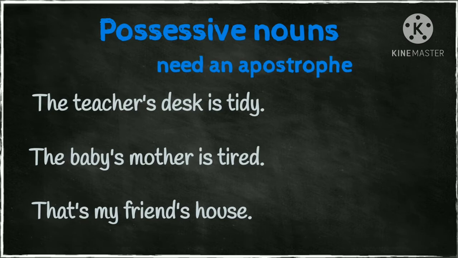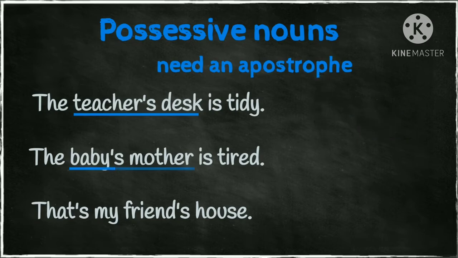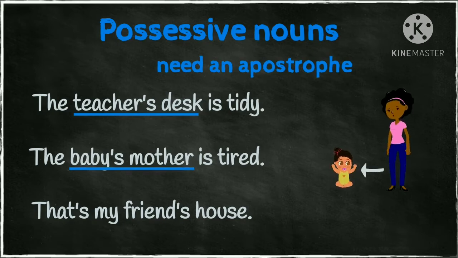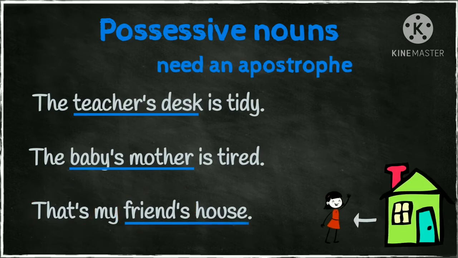Here's the first. Teacher's. The teacher's desk. The desk belongs to the teacher. The next, baby's mother. The mother belongs to the baby. The last sentence has 2 words with apostrophes, but only one possessive noun, friend's, because it's the friend's house.